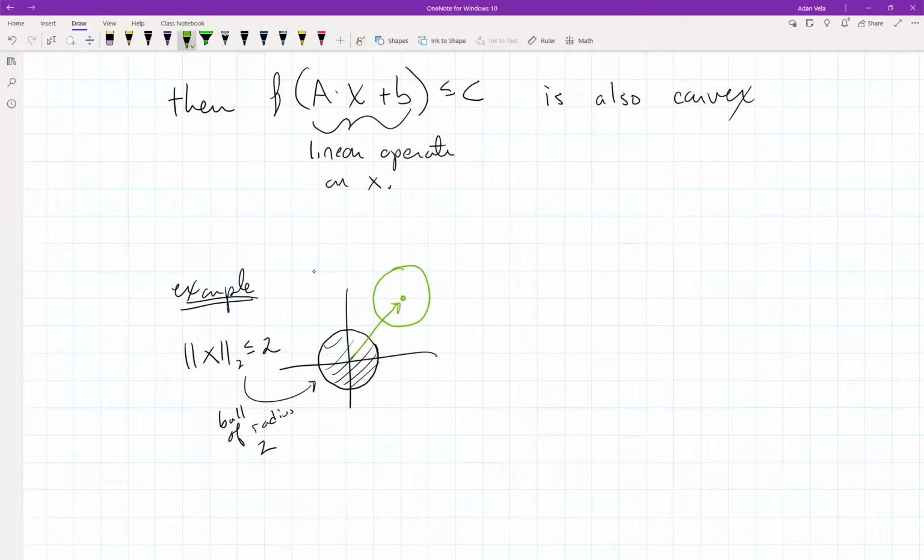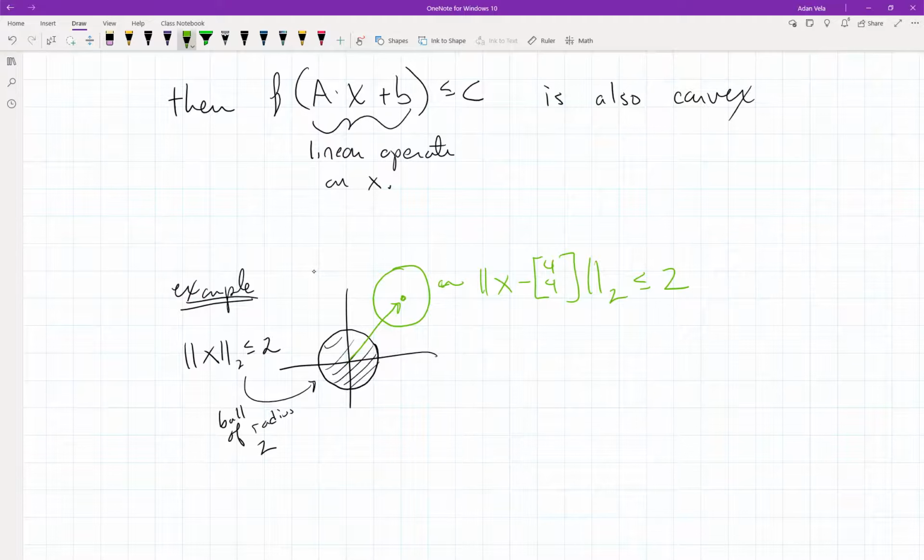And that might be the same thing as saying the norm of x minus 4 is less than or equal to 2. Okay, so that would be this equation. So all we're doing is shifting our x over.